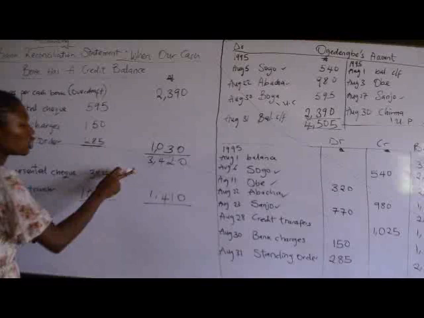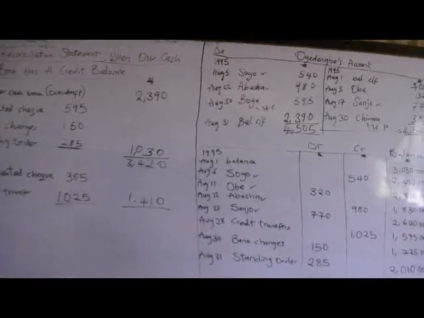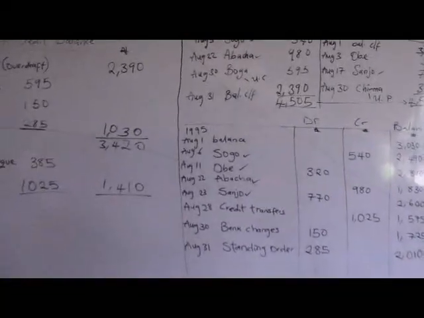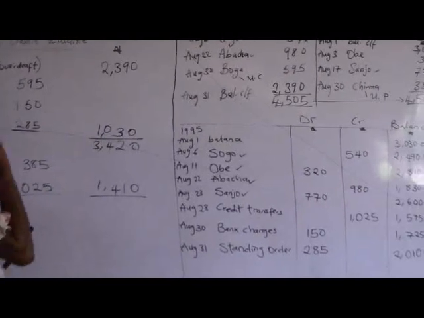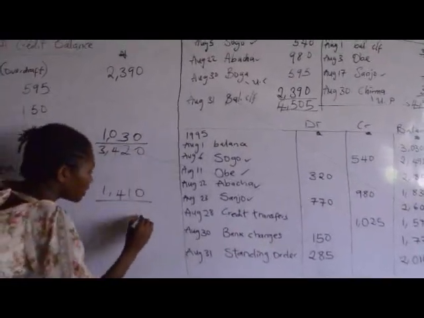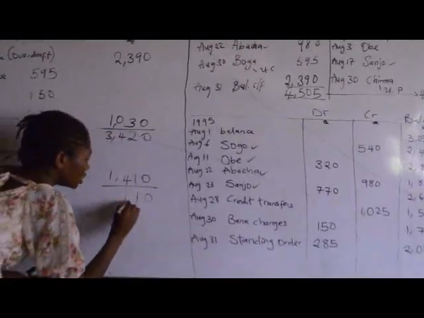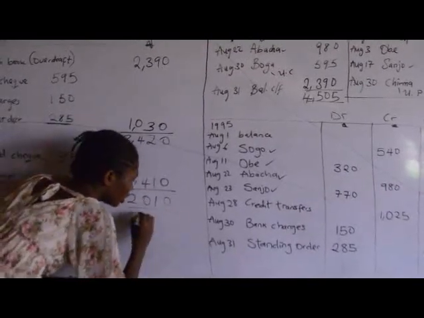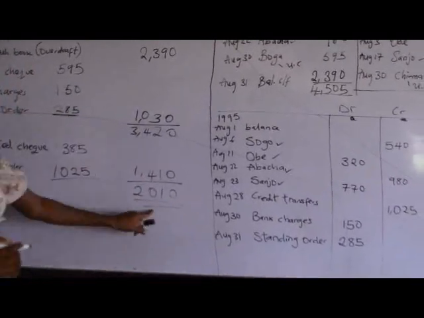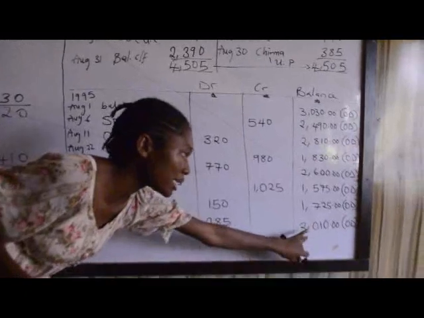Okay, so now we'll subtract our income from our debt, alright, so that we can know our total debt for the month. So let's subtract. We have 0, 1, 0, and 2. Okay, so if you see, this is the exact balance of our bank statement.